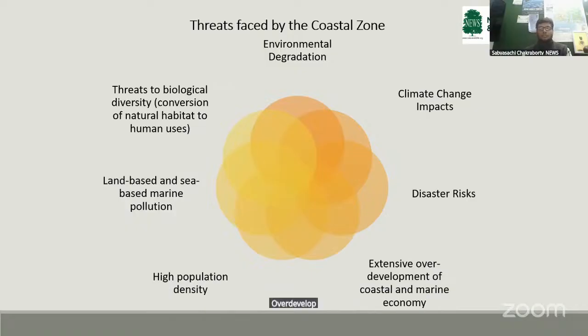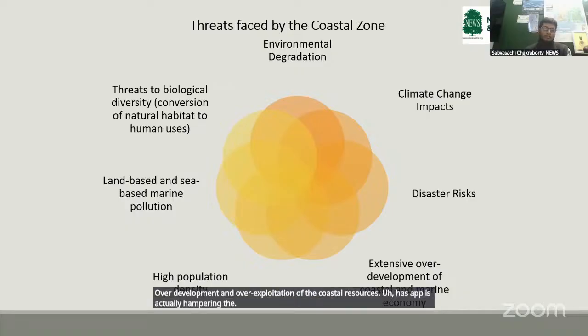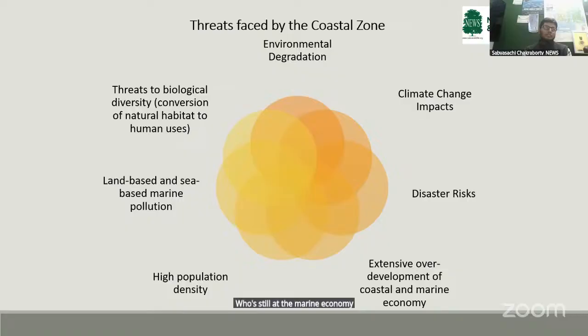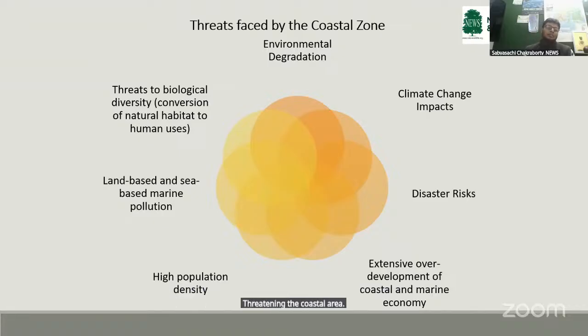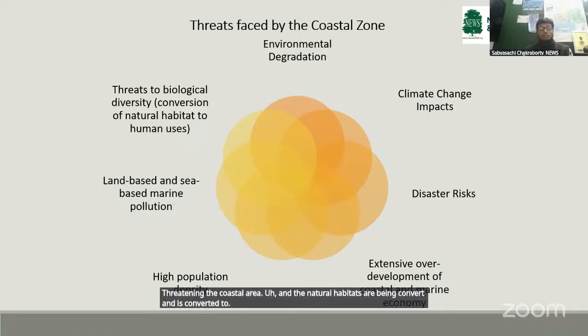Overdevelopment and over-exploitation of the coastal resources is hampering the coastal and the marine economy. The high population density and the anthropogenic stress have also increased. Then the land-based and sea-based marine pollution is also threatening the coastal area, and the natural habitats are being converted to human uses.